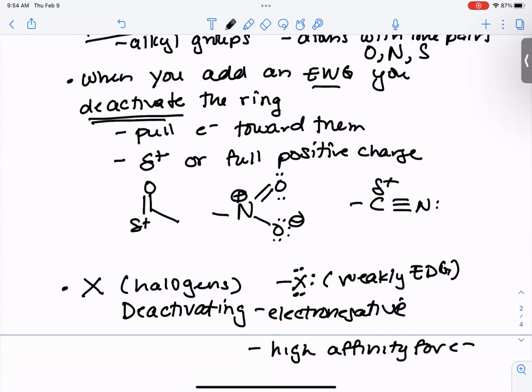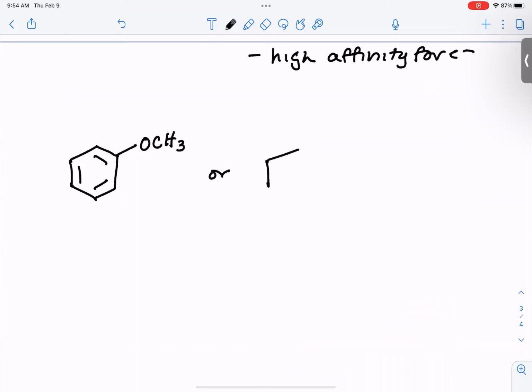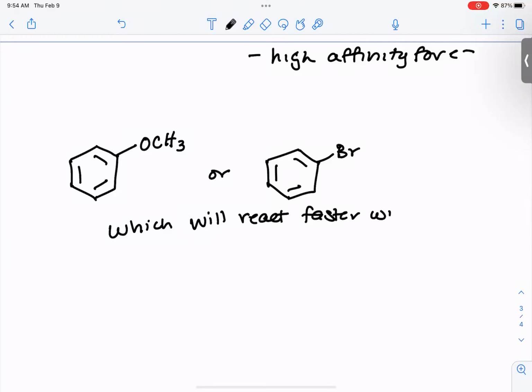So if I give you two possibilities, and I say which will react faster with HNO3 and H2SO4, A or B?